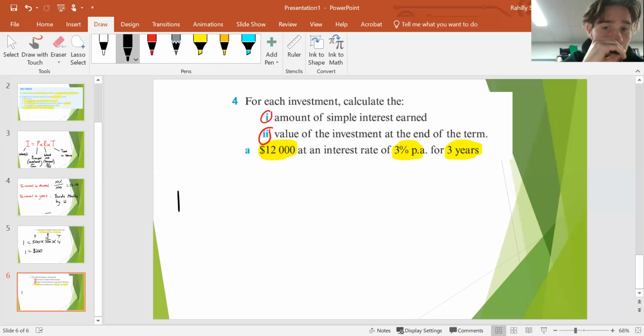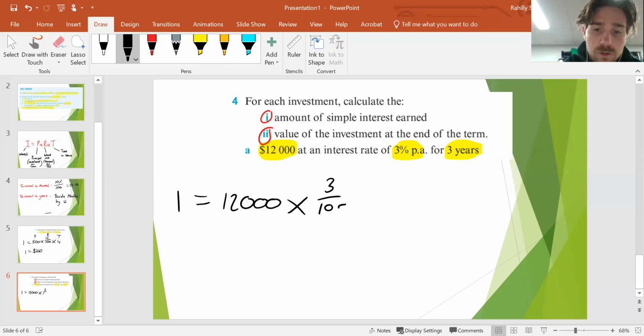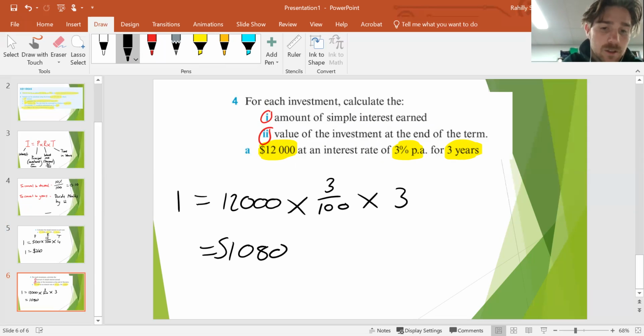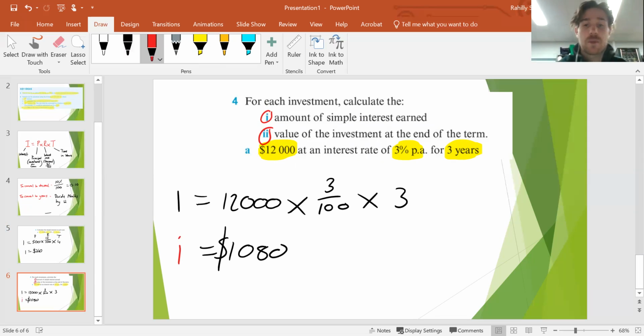Again, we're going to put into that formula I equals P times our rate, which is 3 over 100, times our years, which is 3. So our interest is 1,080. So that's question I. So the amount of simple interest earned is 1,080.